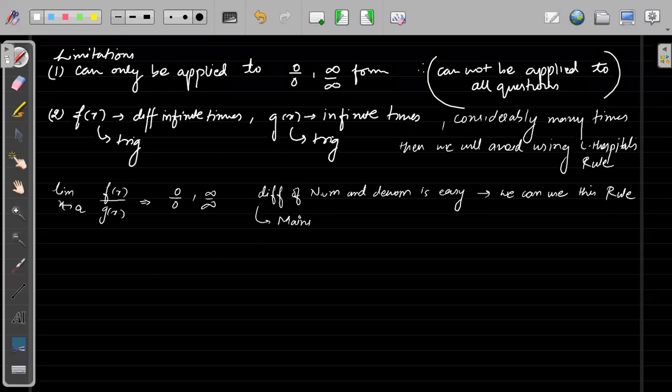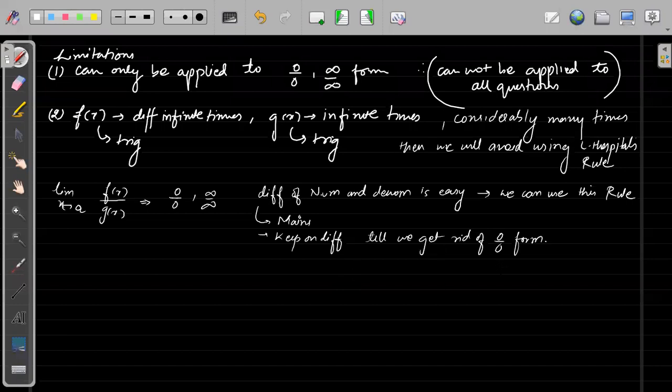So you simply keep on differentiating the numerator and denominator till we get rid of the 0 by 0 form. Understood? If we are able to get rid of the 0 by 0 form, that means till that point we will differentiate.